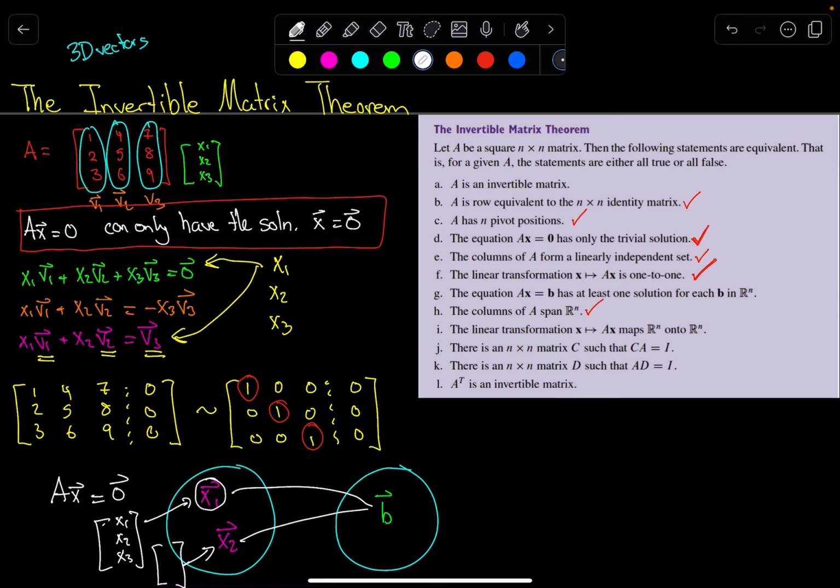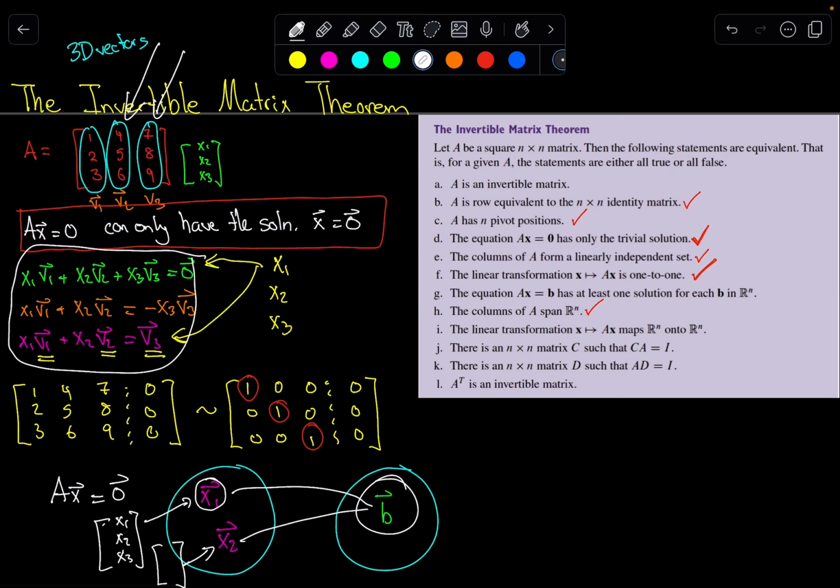And you're telling me that 2 sets of solutions can get me the same vector, but we just talked about how that can't possibly happen because of this work right here. If I could have 2 different sets of solutions that give me the same vector, that would mean that my input column vectors, these guys up here, are linearly dependent.